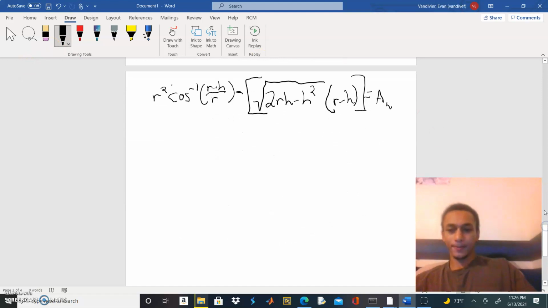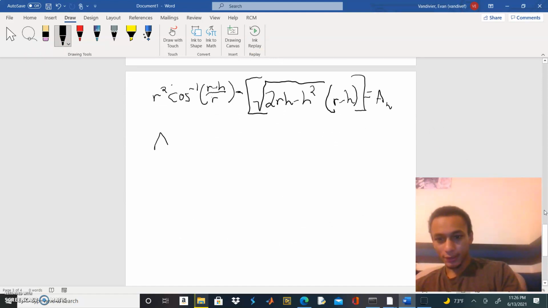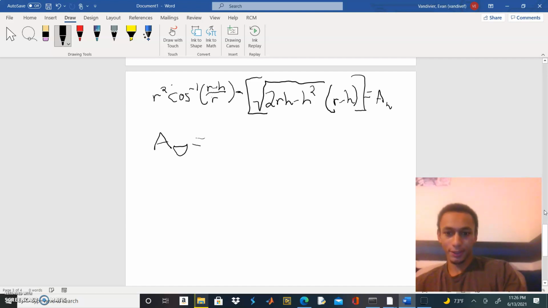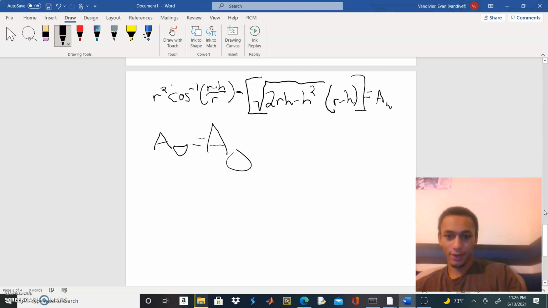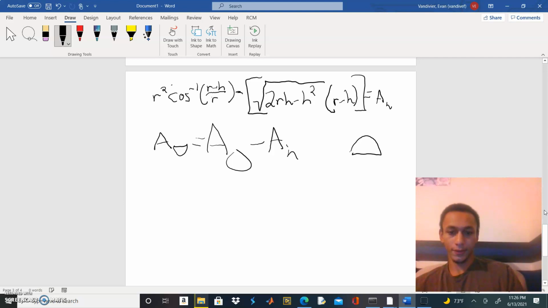Now that we have that, we can finally get A of smile, or open mouth, which is equal to A of the area minus A of h, which in part is this little open area.